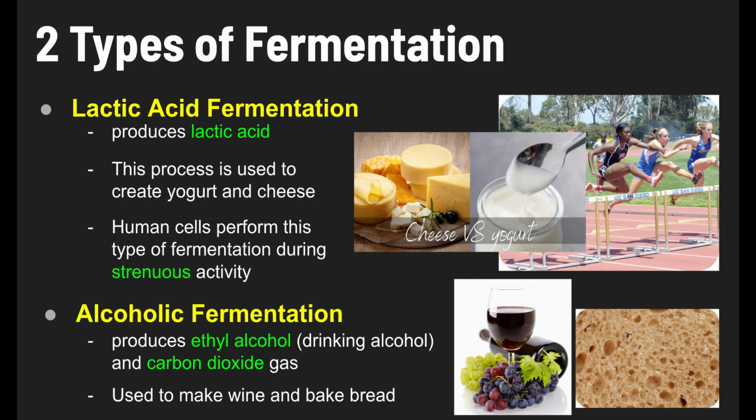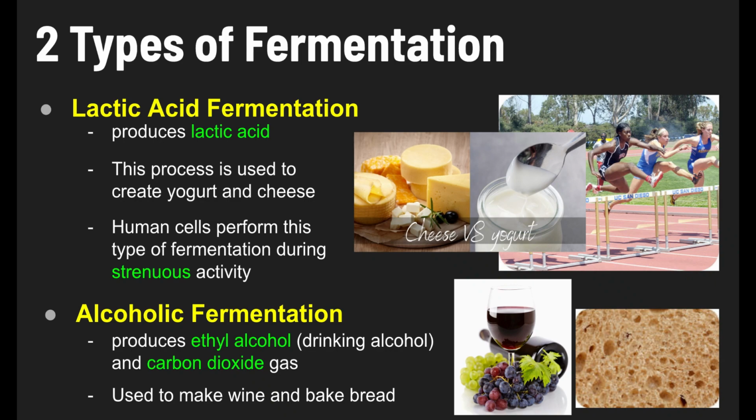Now, the other example here that I've got on the slide is a piece of bread. So you'll notice there are these little holes in the bread. Those little pockets, those little holes are produced because when you take yeast cells in the bread, those yeast cells undergo alcoholic fermentation.